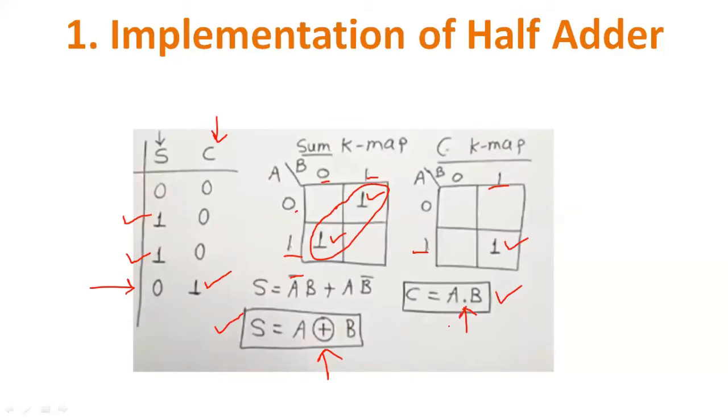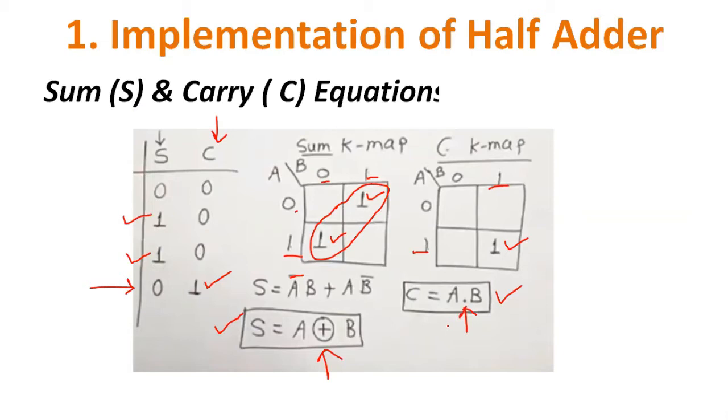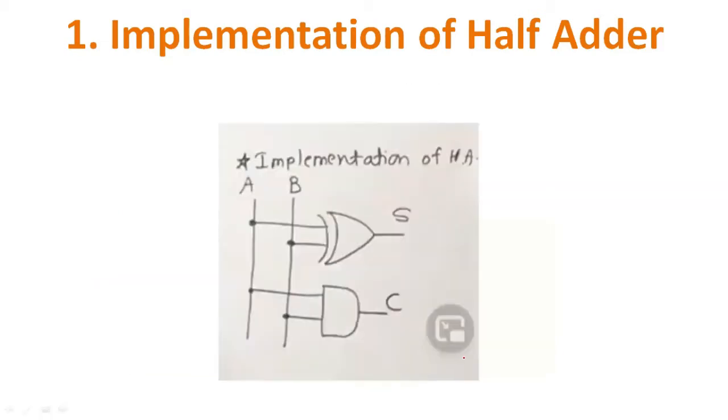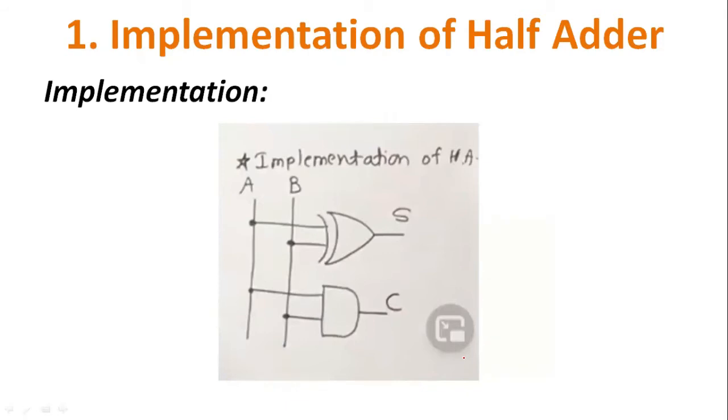Now let us see the implementation part. This is the actual implementation of half adder. A and B are the inputs, and they are given to one XOR gate and one AND gate.